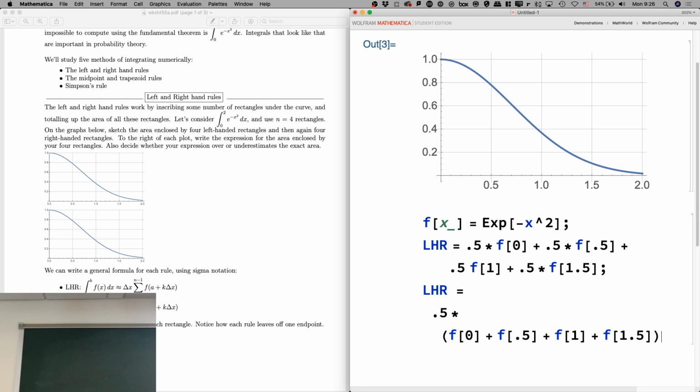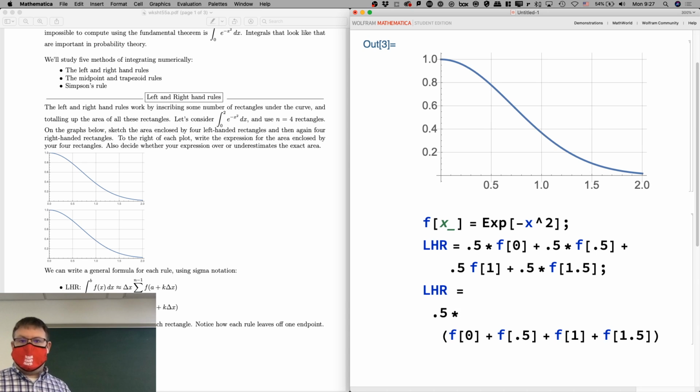That trick worked because we said the widths would always be the same, which means we can factor that out. Now this may not seem like a huge deal when we're just doing this with 4 points, but if I were programming a computer to do this, the difference between doing 100,000 operations and 50,000 operations is a pretty big difference, right? So I'd much rather do 50,000 if I could get away with it.